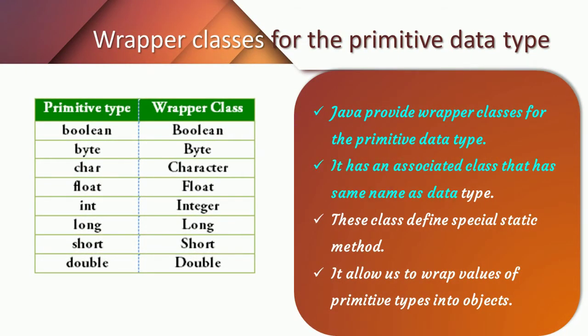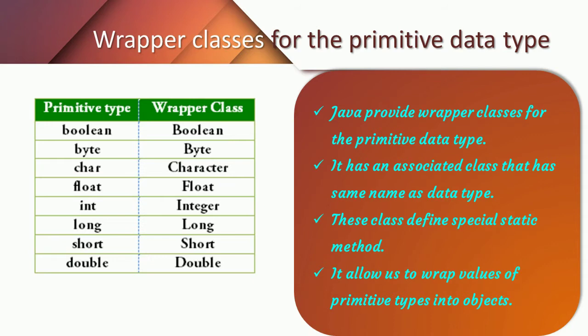So here are the wrapper classes for the primitive data types. The wrapper class is the same as the primitive data type. The only difference is it starts with a capital letter. Java provides a wrapper class for each simple data type.